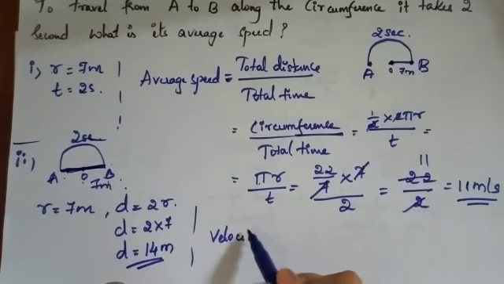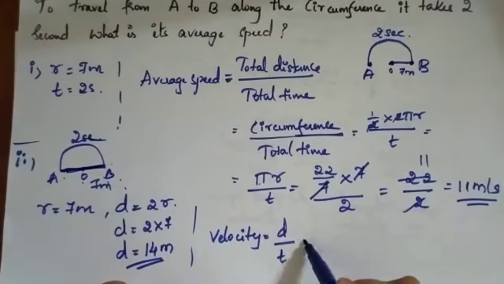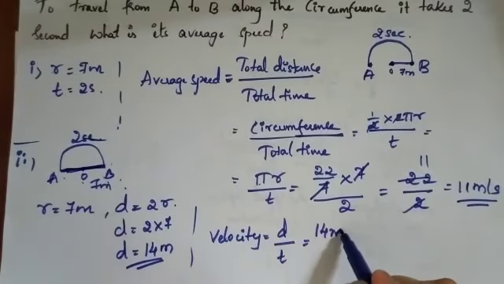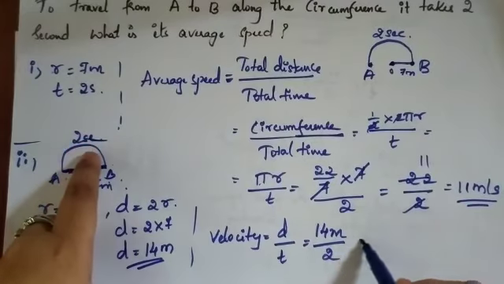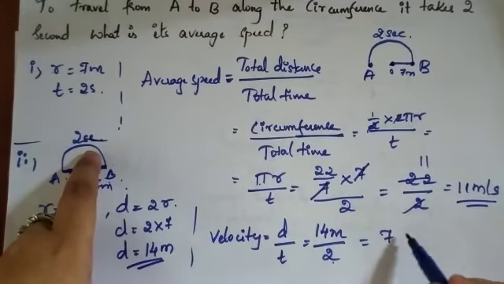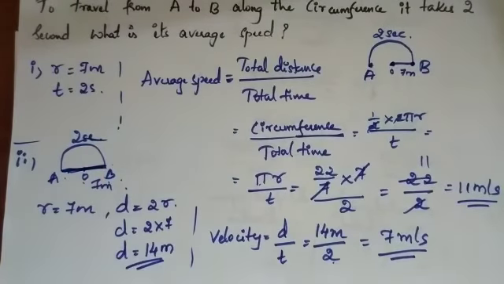Velocity is the displacement by time taken: 14 meter divided by 2 seconds, which is 7 meter per second. So this is the velocity of the object.